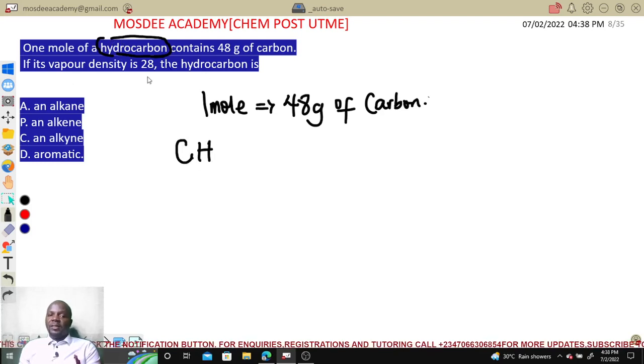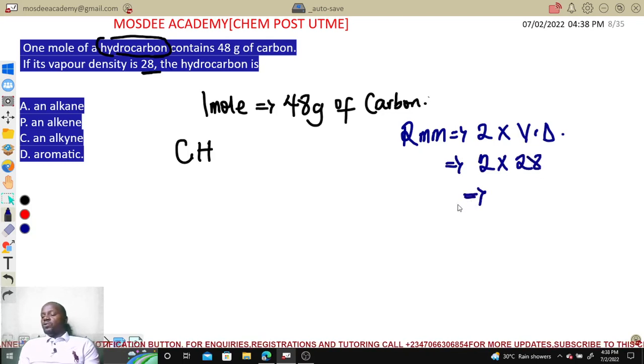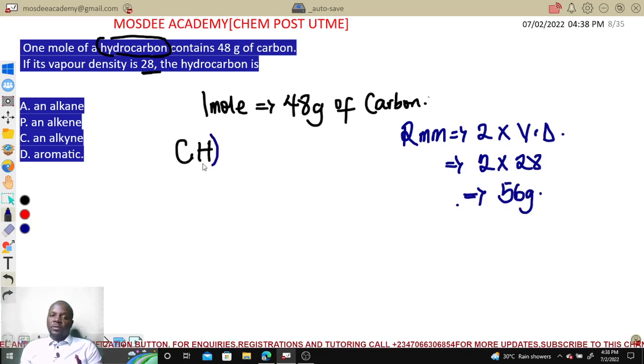Its vapor density is 28. Another concept from junior classes is that the relative molecular mass, RMM, is equal to 2 times the vapor density. So the molecular mass of this compound will now be 2 times 28. Everybody can multiply 2 times 28. 28 twos are 56. So we have 56 g per mole as the total molar mass of this compound.